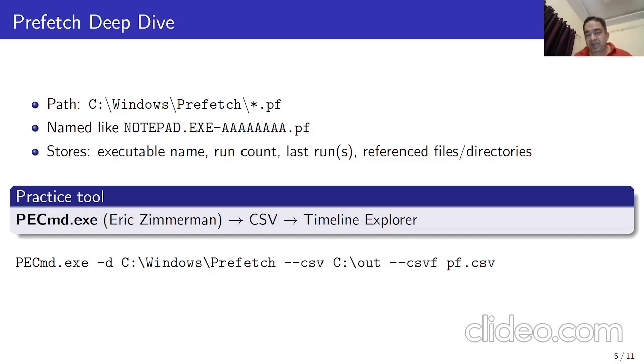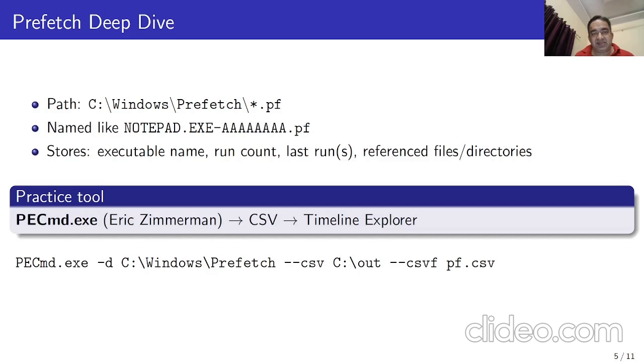Now here PECmd is an important tool or command for practice. For example, notepad.exe with a name ending in .pf, last run on a specific date with a reference path, supports that notepad opened that file around then. Not proof of content, but strong activity evidence. PECmd is Eric Zimmerman's prefetch parser.